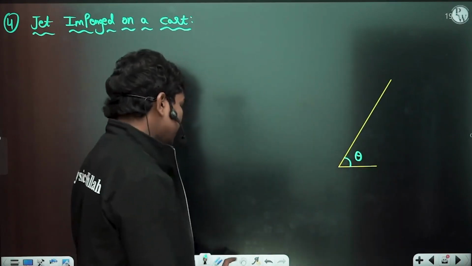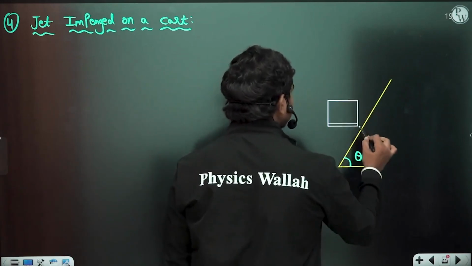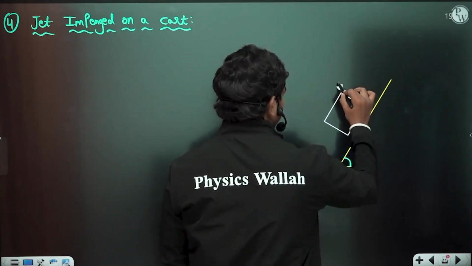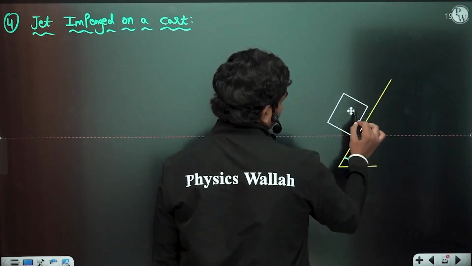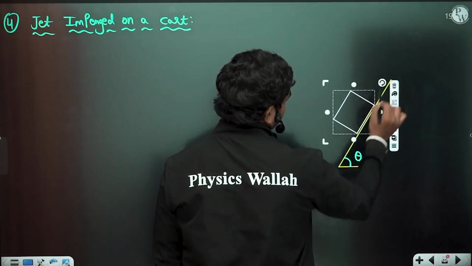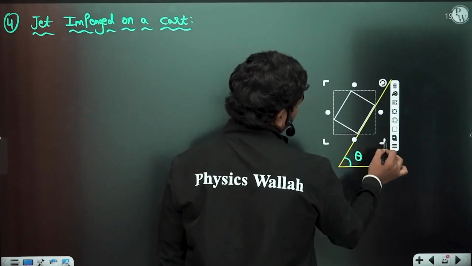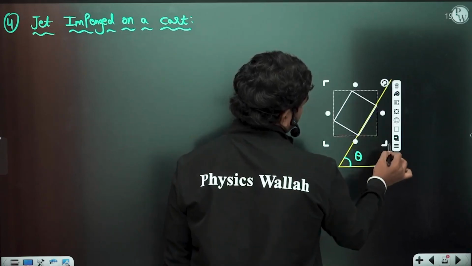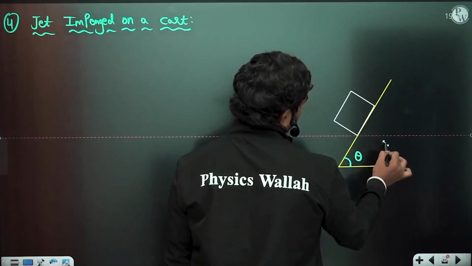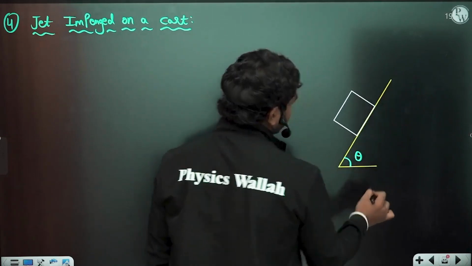On this inclined plane, let us suppose you have some cart, for example. So there is some cart like this.